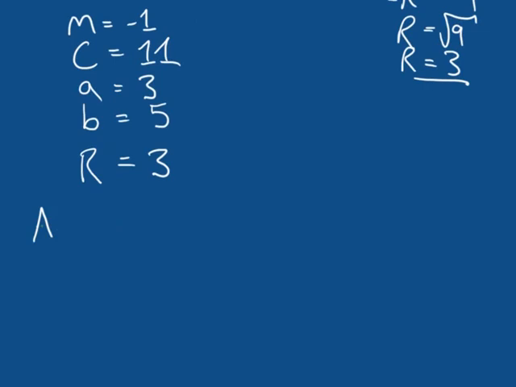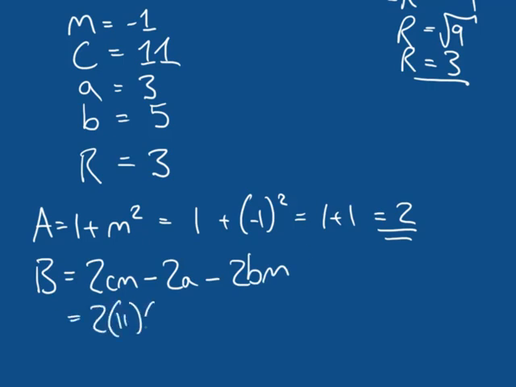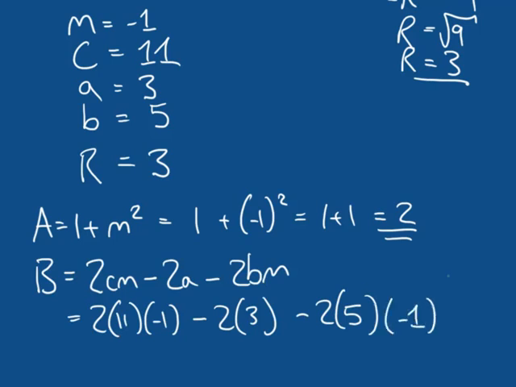So we know that A is equal to 1 plus m squared, which is going to be equal to 1 plus minus 1 squared, which is equal to 1 plus 1, which is equal to 2. B is equal to 2cm minus 2a minus 2bm, which is equal to 2 times c is 11 times minus 1, minus 2 times a is 3, minus 2 times b is 5, and m is minus 1.